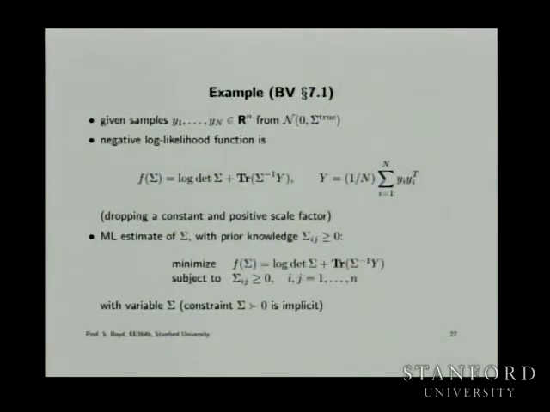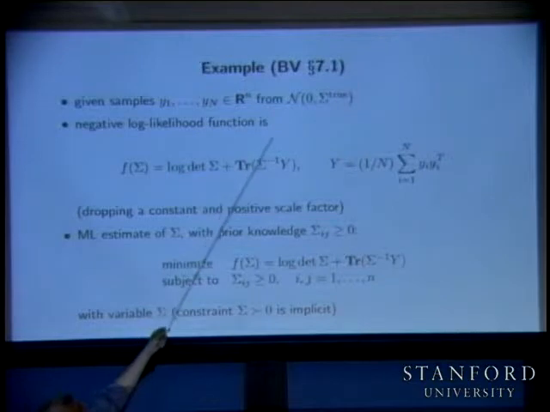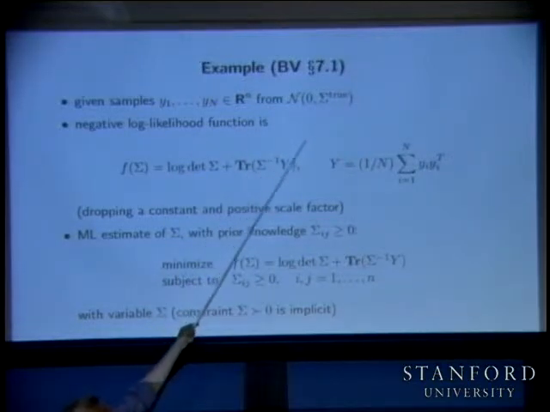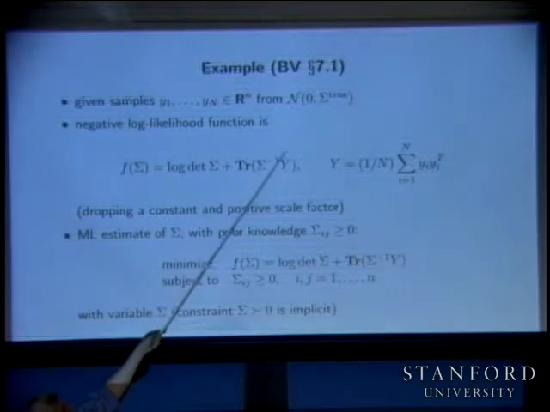So here's an example. The example is actually out of the book, in the chapter on approximation. So here's the problem. You're given a bunch of samples from a distribution you've subtracted off the mean or something, and they come from something with a covariance matrix sigma true. And our job, given a bunch of samples, is to estimate the covariance matrix. Okay?